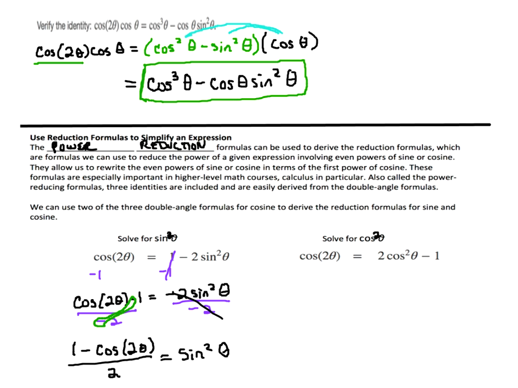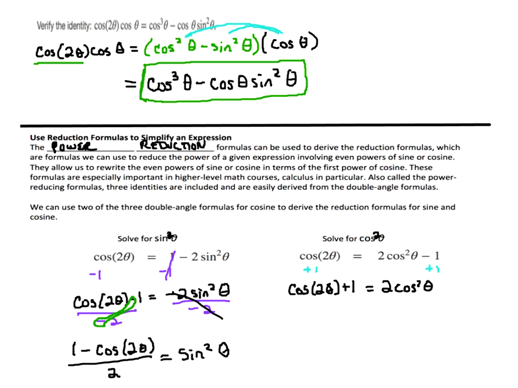Okay, same thing here, except now we're going to solve for cosine squared theta to see what we can call that. So we add 1 to both sides, and I have cosine 2 theta plus 1 equals 2 cosine squared theta.